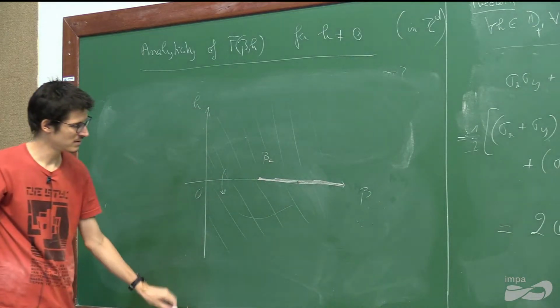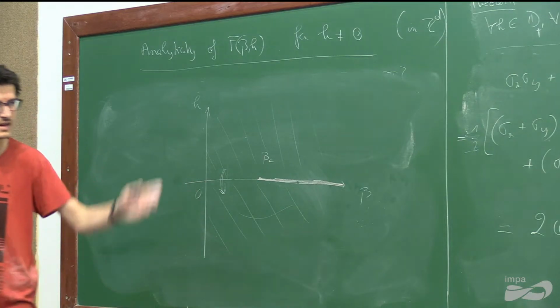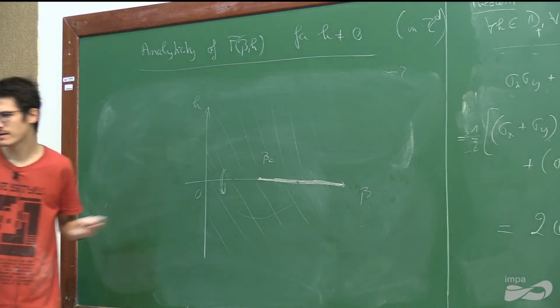And here, clearly this proof doesn't work, but maybe something else should work. So actually, I'm not sure what the answer is. Oh, okay, so the answer is clearly this should be the case.